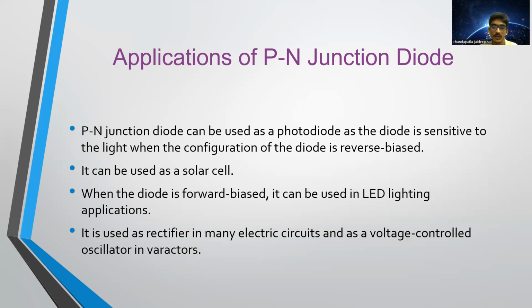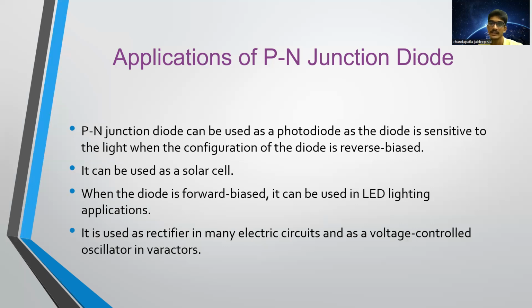So when the diode is in forward bias, it is used in LED lighting applications. When the PN junction diode is in the forward bias, it acts like an LED, which is a light emitting diode. Generally we use light emitting diodes in our houses and in many places.